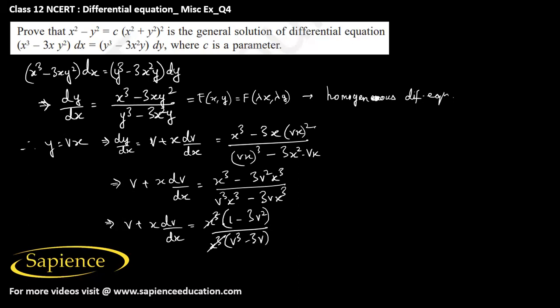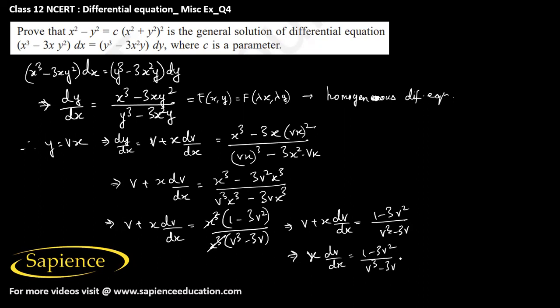So x³ will get cancelled. v plus x dv/dx equals (1 − 3v²) divided by (v³ − 3v). Then we can say x dv/dx will be equal to (1 − 3v²)/(v³ − 3v) minus v.